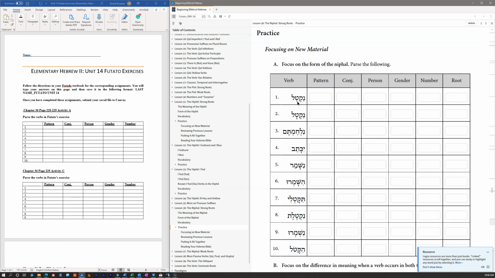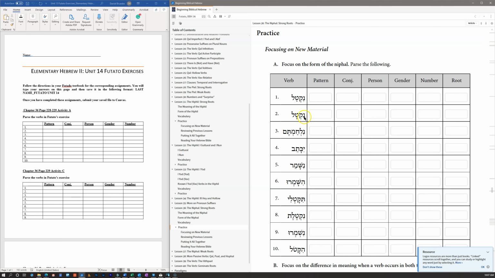So the fact that it has a patach tells us that this is not in the Qal stem. Therefore, this is in the Niphal stem, and since it's in the Niphal stem, we know that it's not imperfect, because in the Niphal stem this nun actually assimilates into R1, in the imperfect, that is. So this is going to have to be the Niphal perfect 3ms form of katal.